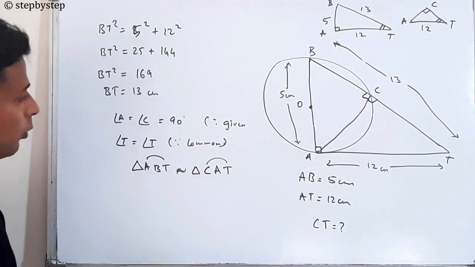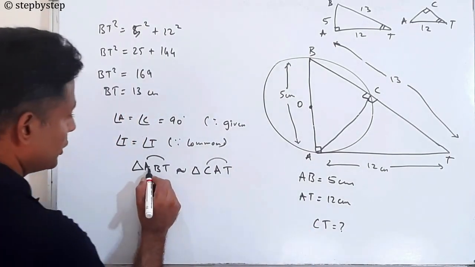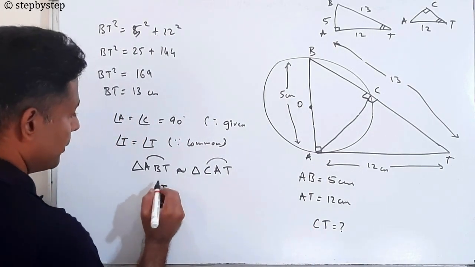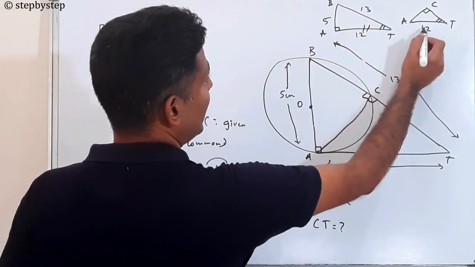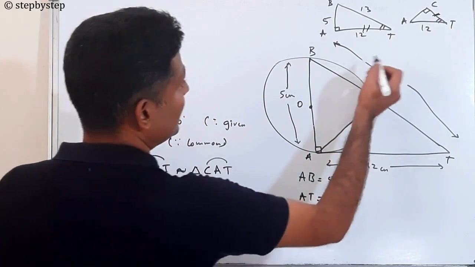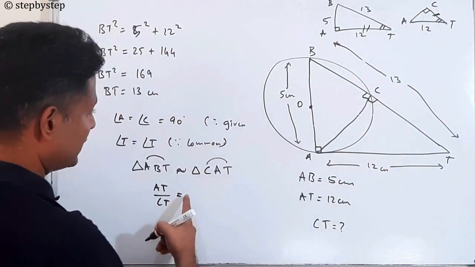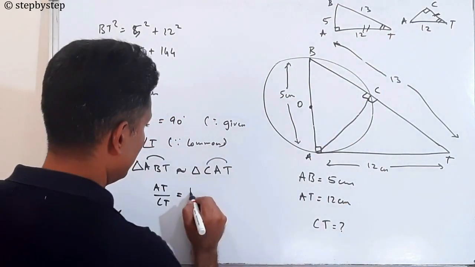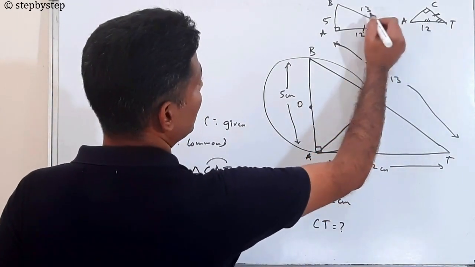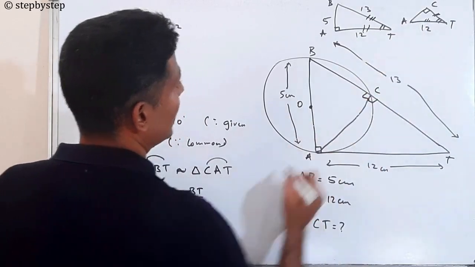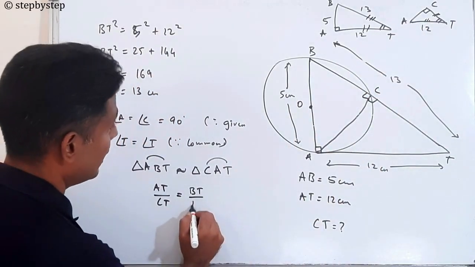Alright guys, now what do we have? We need to find CT. So we'll take AT by CT, the corresponding sides. AT by CT is equal to, which is the next corresponding side? In this, we have to take BT by, in this we have to take AT. These are the two corresponding sides, right? So BT by AT.